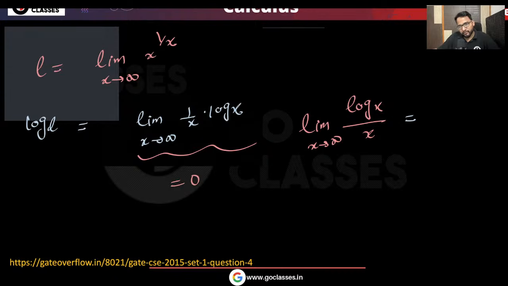I mean, the formal definition we have seen, but this limit definition we have not seen. So basically you can say this is 0 because log is a very small number compared to this x. Okay, so that means L will be e power 0, which is 1. So that's how you can solve this question. Let me know if you have also got the same answer. Right? Okay. So if there is any confusion, you can definitely let me know.